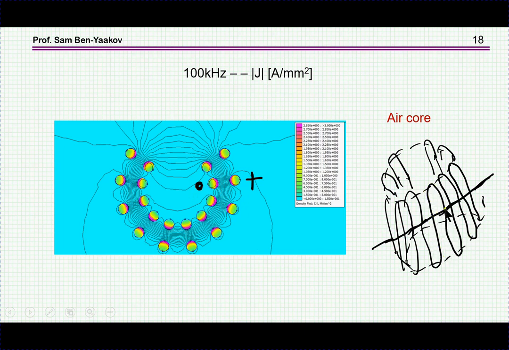Looking at these two, we see indeed that you have this crowding very close to one another, as I've shown earlier for the proximity effect. So here we see primarily the proximity effect. At 100 kilohertz we should have seen the skin effect as I've shown earlier, but the proximity effect is much more important here. So we see this effect very nicely all over the wires.